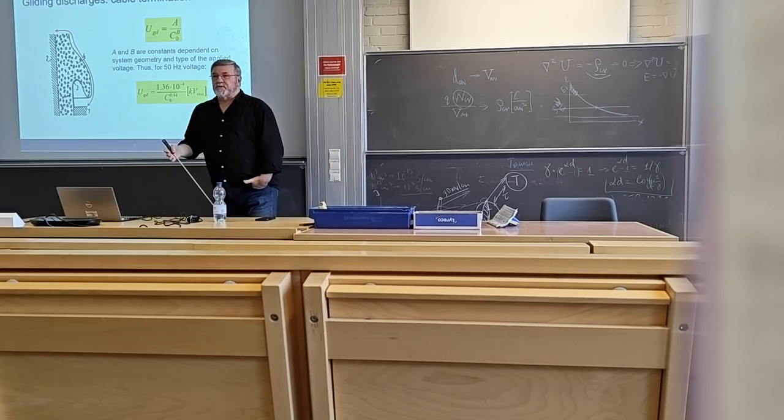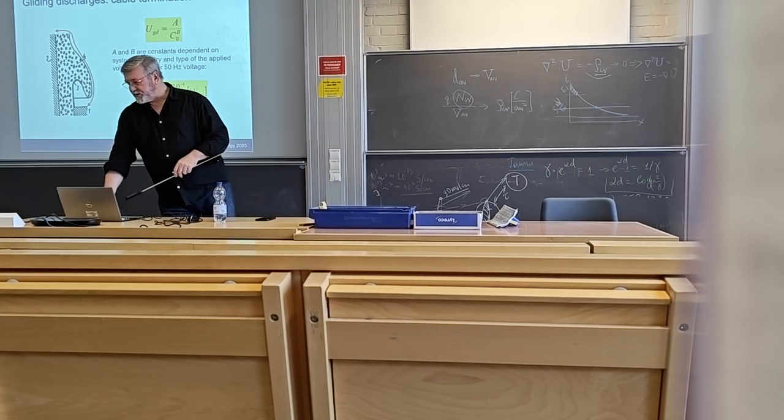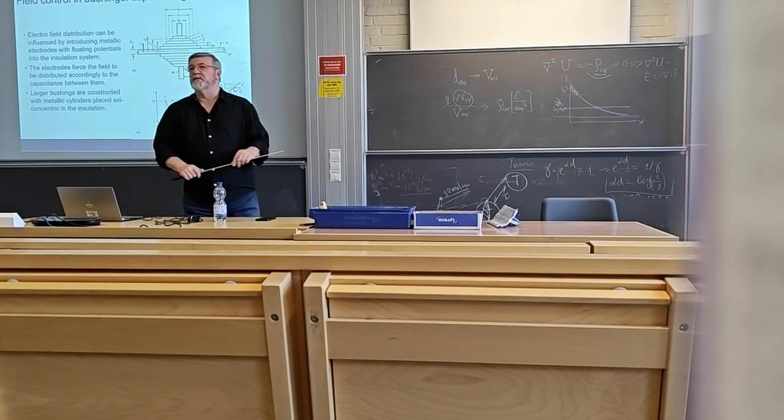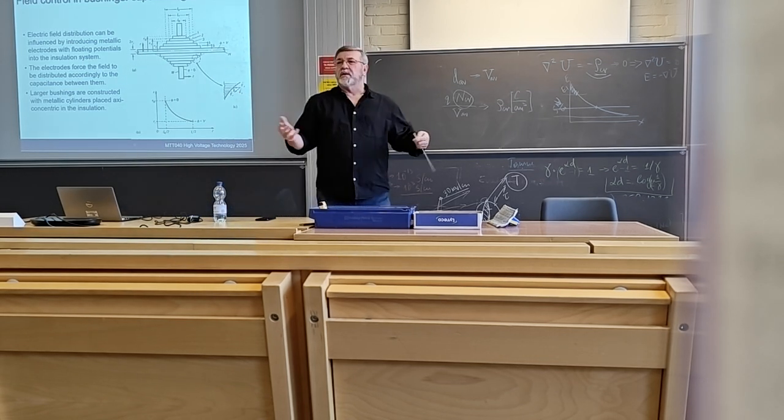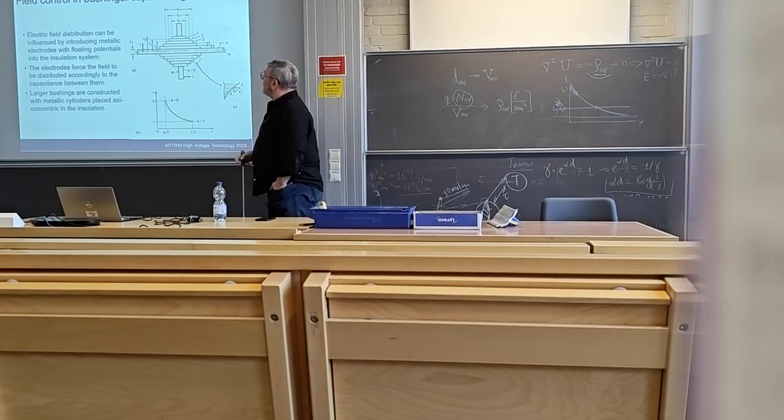It's a lot about empirical things. High voltage technology engineering is a lot about past experiences and how people test this and that, and then it is generalized, and you have these empirical formulas which are valid in certain ranges.